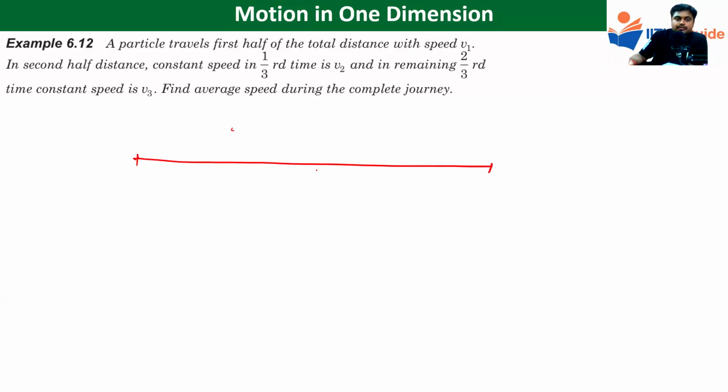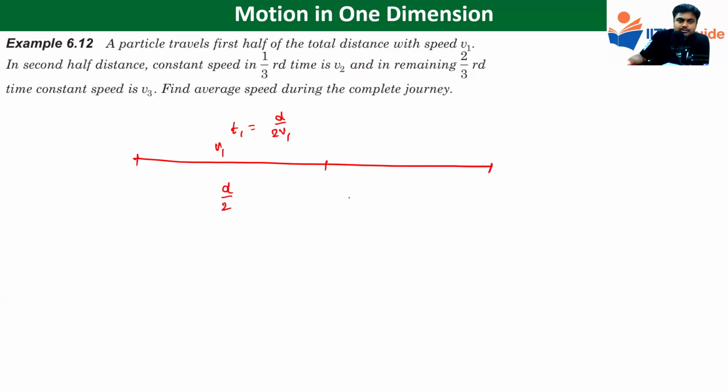First half with V1. So this is total D by 2 and this is V1. So time taken will be D upon 2 V1. Second half, one third time.